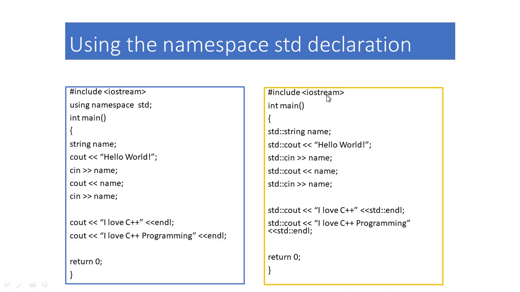But look at the way we declare it here. Include iostream, int main, std::string. It's a part of the standard namespace. Std::cout, std::cin, std::cout, std::endline, std::cout, std::endline.